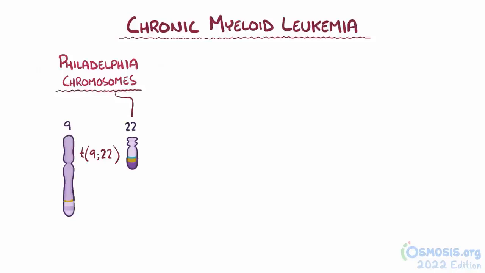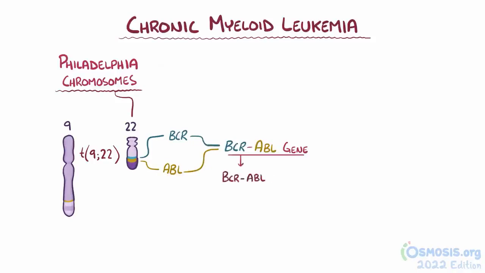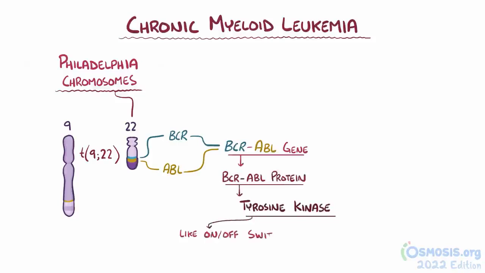So, in the Philadelphia chromosome, a chromosome 22 gene, which is the BCR gene, ends up sitting right next to a chromosome 9 gene, the ABL gene. When they're combined, it forms a fusion gene called BCR-ABL, which codes for a protein also called BCR-ABL, which is a constitutively active tyrosine kinase, meaning that BCR-ABL is like an on-off switch stuck in the on position.